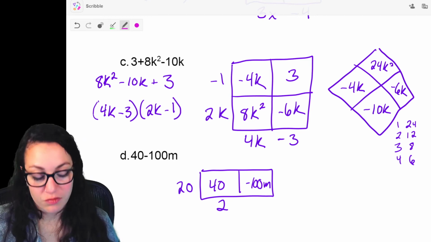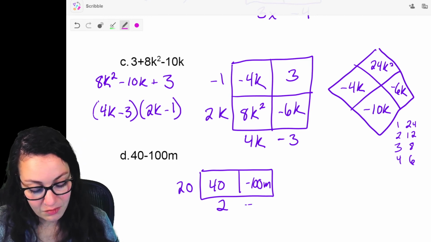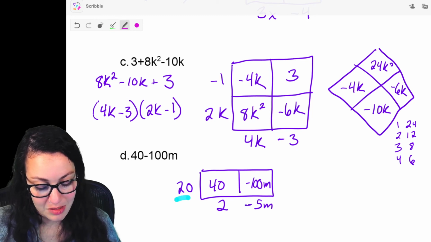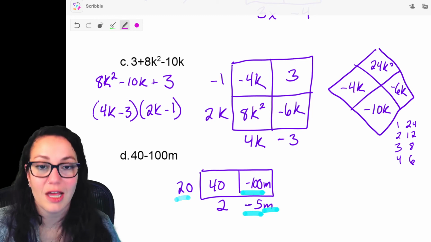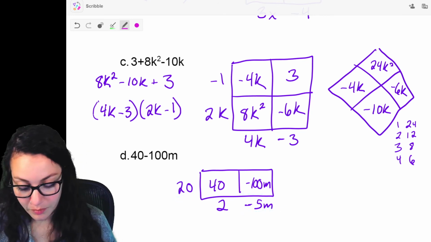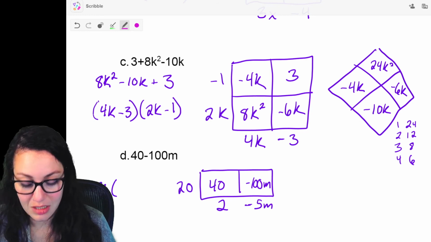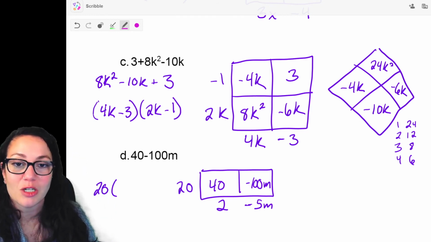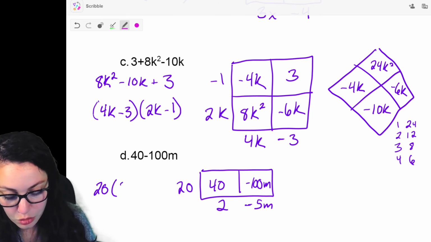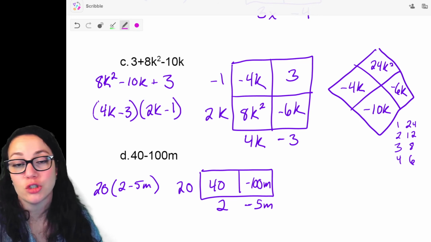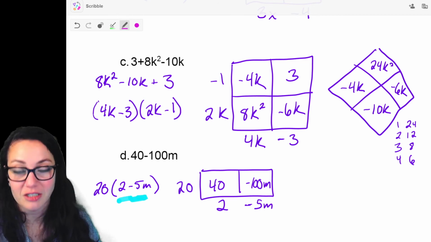So rather than just a 5, I'm going to say that it's negative 5m. Right? 20 times negative 5 would give us negative 100, and then the m tags along. So in factored form, I'm going to write my single term on the outside, 20, and then 2 minus 5m. And that's as much as I can factor. 2 and 5 are both prime, so there's nothing else I can take out of those.